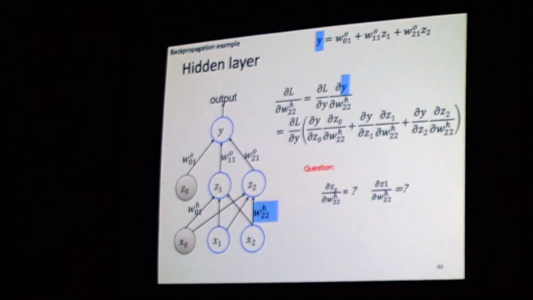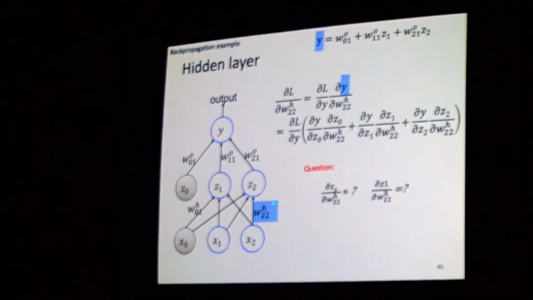Are they 0? Yes, it is 0. If you don't believe it, you can calculate. Look at how you calculate Z0: Z0 is 1, a constant with respect to W22H. And Z1 is computed from a linear combination of the inputs by a different set of weights.